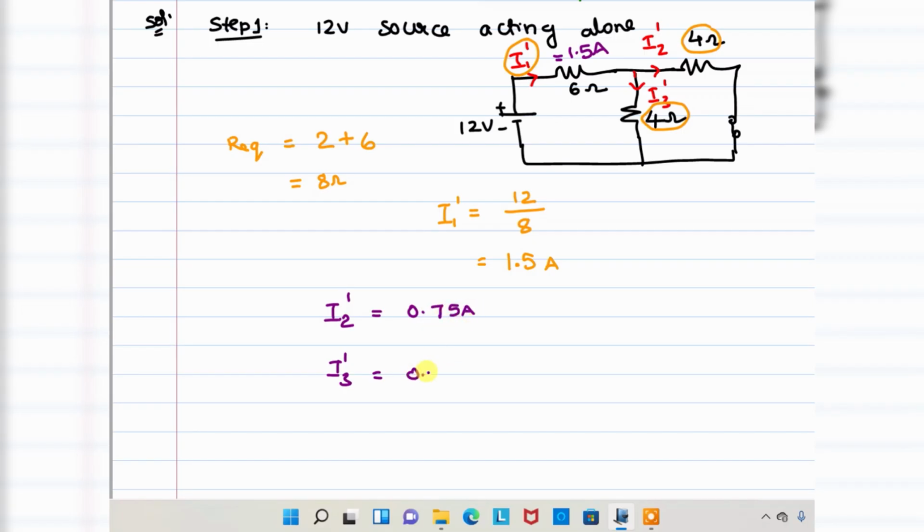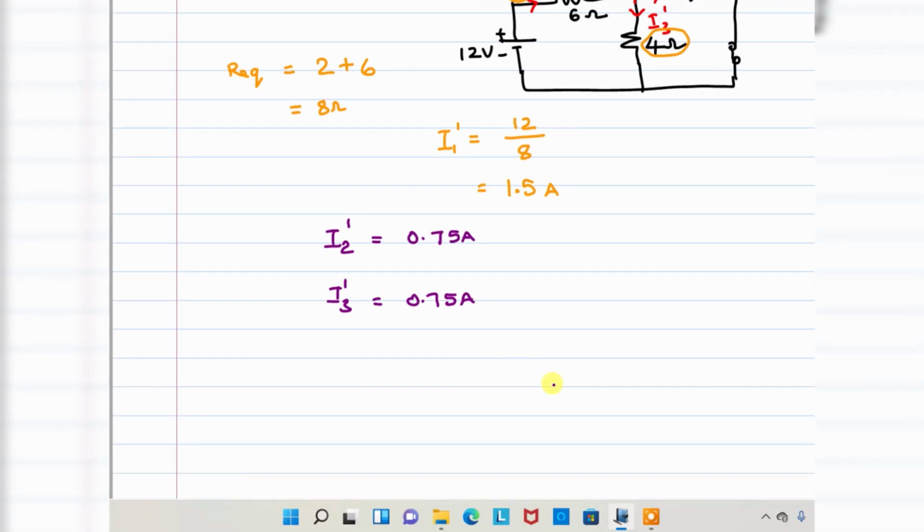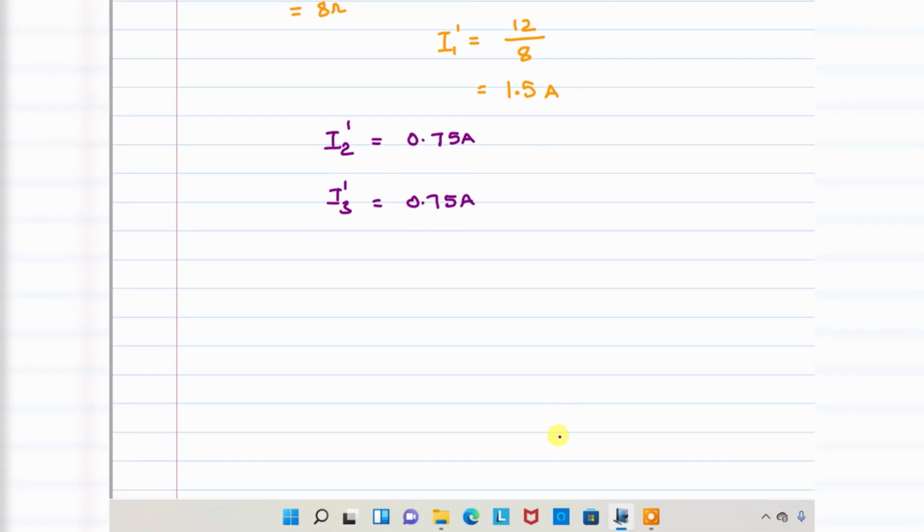Here also 0.75. All of you got my point. So step 1 is done. Why am I explaining these shortcuts? Because you are writing the objective examination. Otherwise I would apply the current division rule, opposite resistance by total resistance into total current. You can also do that, but in the objective examination time is very, very important.